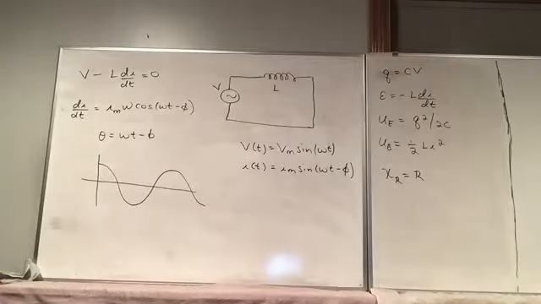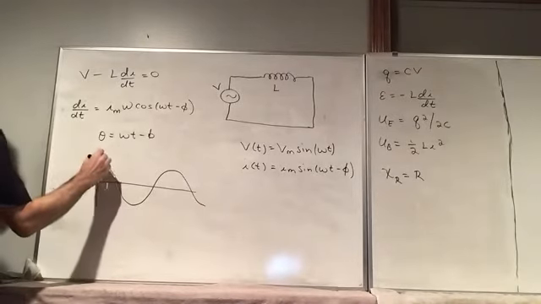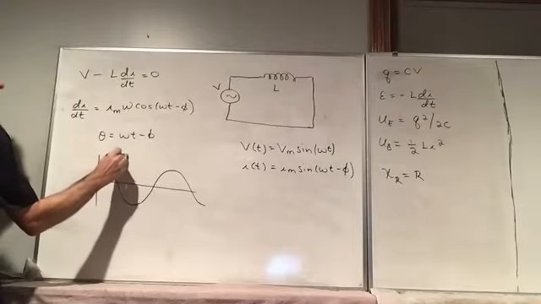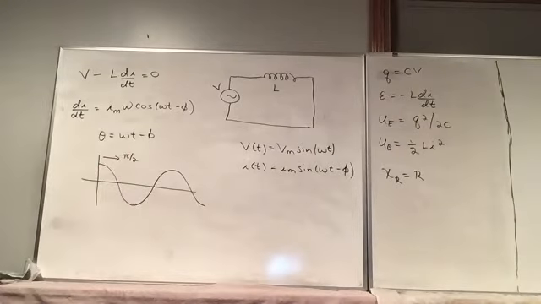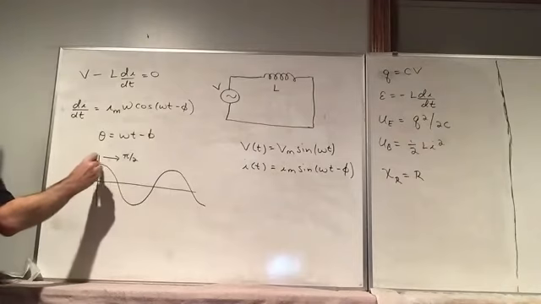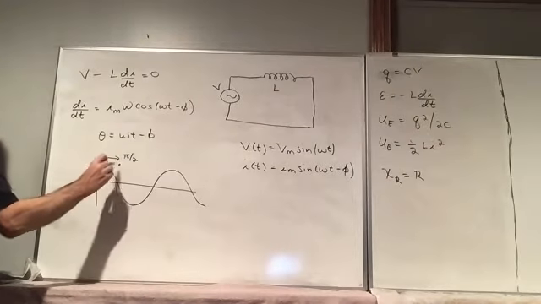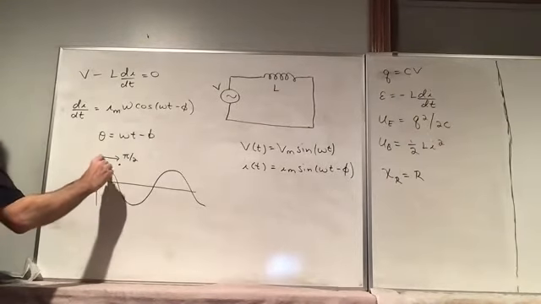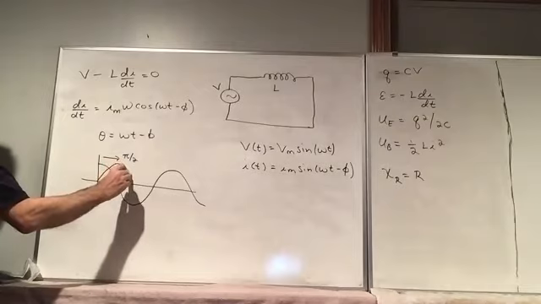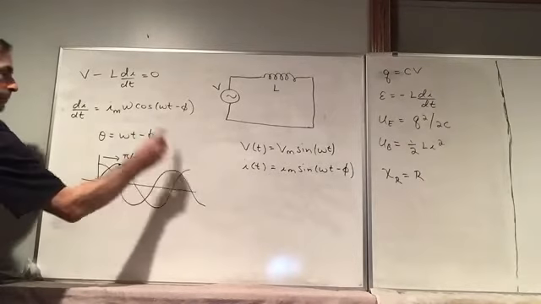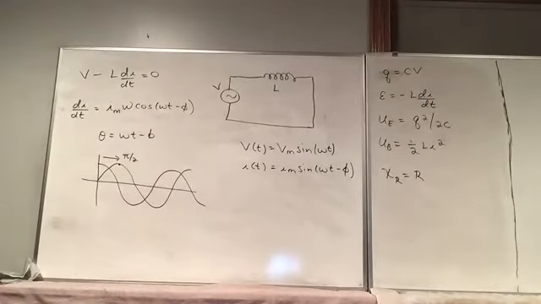And so in order to turn this into a sine function, we'd have to move it 90 degrees to the right, or pi over 2 radians to the right. Because then this point would move over here. So basically then we would have a sine function if we shift it pi over 2 to the right.